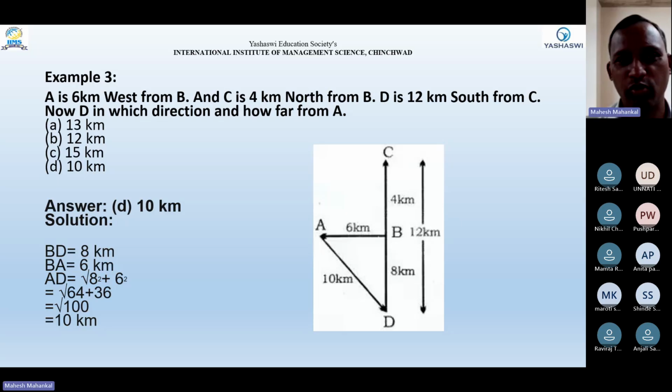A is 6 kilometers west from B. And C is 4 kilometers north from B. D is 12 kilometers south from C. And now D is in which direction and how far from A? We have used this formula.